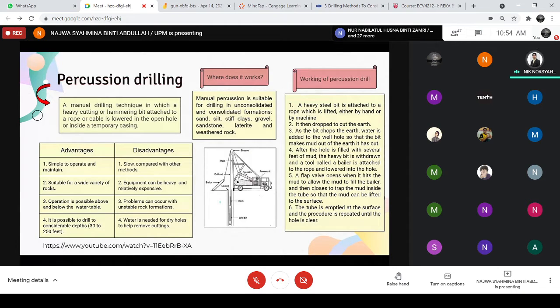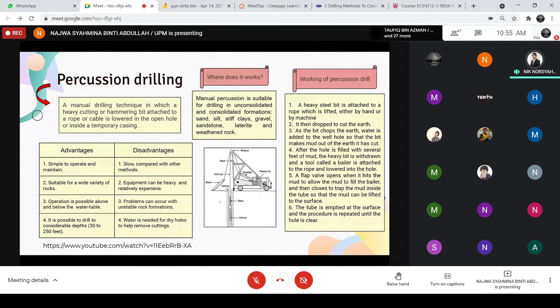It is a material used to make sure the cutting of the earth is smooth enough. You chop down those earth layers, but it depends on the type of layer. Percussion drilling is more for soft rock layers, and some of the previous methods are more for clay and silt layers.